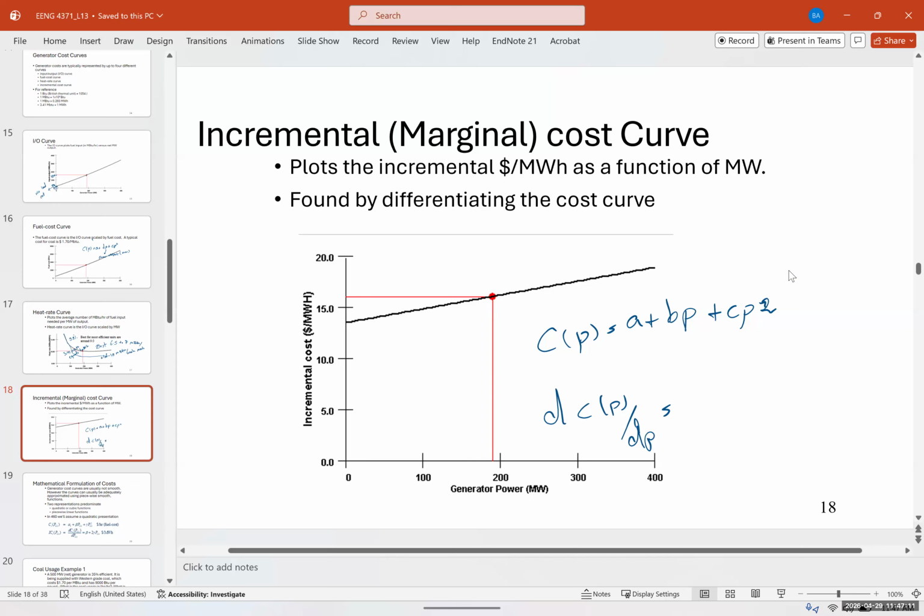What is the derivative of the upper equation? B plus 2CP, which gives you actually the slope that we have here.